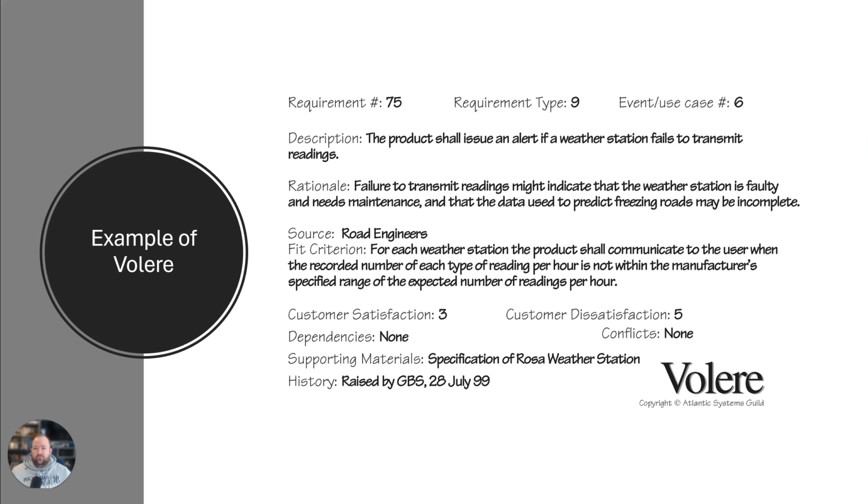Here's an example of the Volere requirements template in action. With that template, you can hopefully capture all the necessary requirement types. You can then build in these use cases. These can be used to develop scenarios for testing or other evaluation measures.